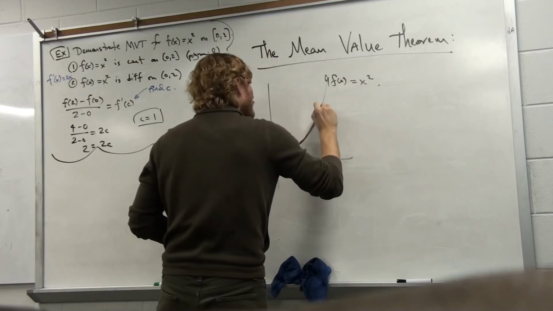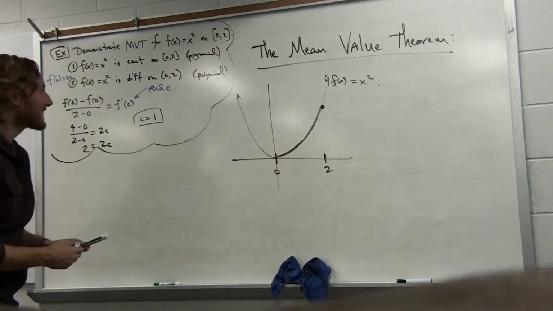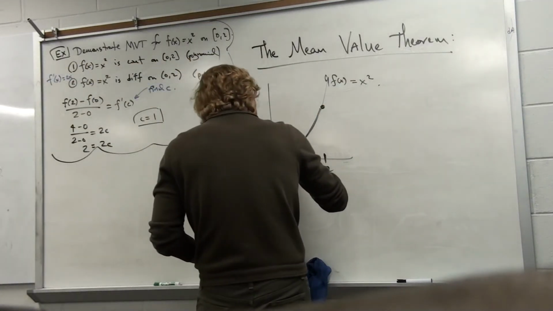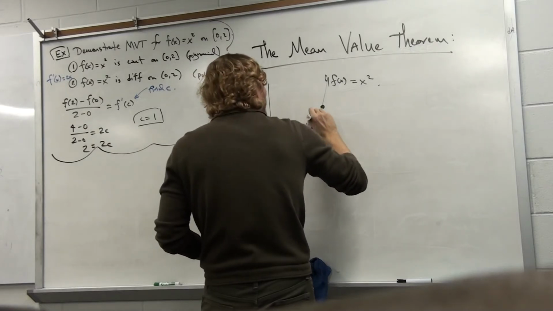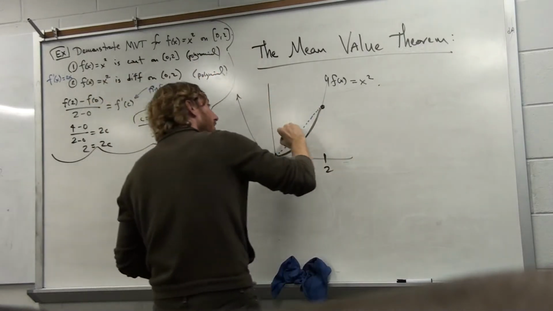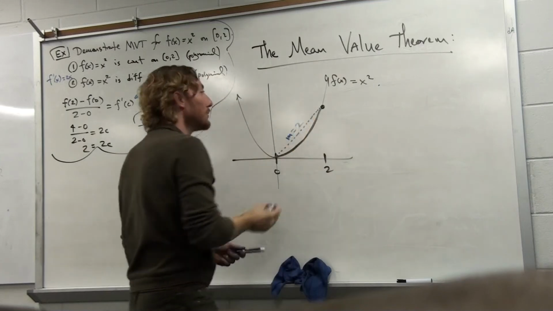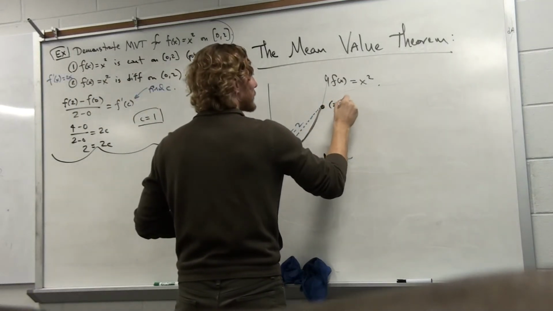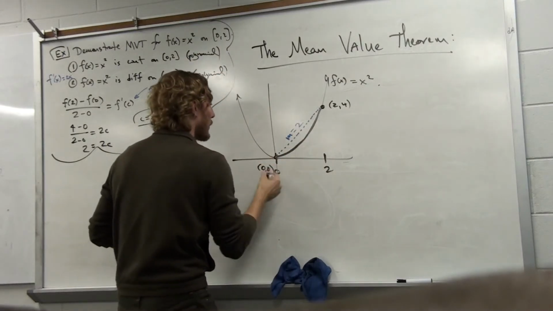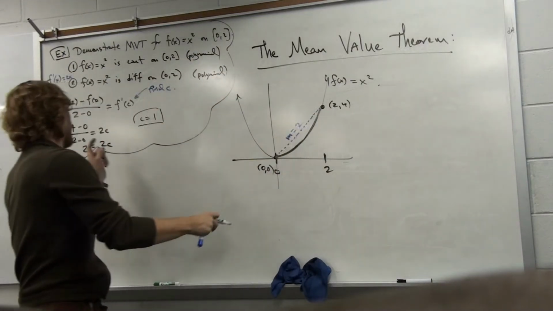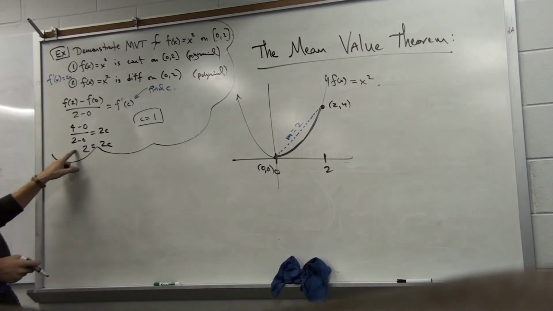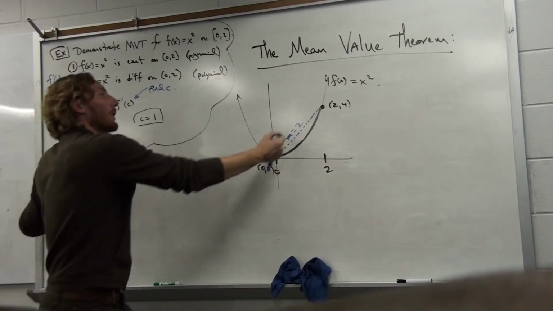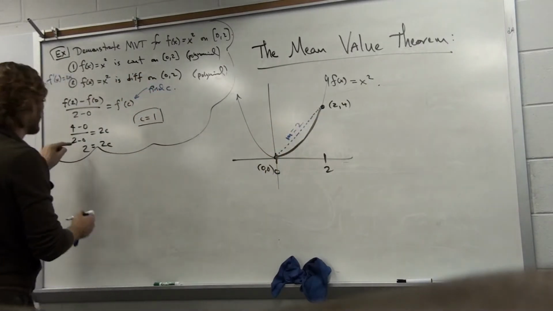And what the mean value theorem has told us is that when you look at the slope of the line through the endpoints, this has a slope of 2. And you know this because, well, we ran the numbers on this. Here's over 2 up 4. Here's over 0 up 0. Change in y, 4. Change in x, 2. And we got a slope of our average line between the two endpoints of 2.